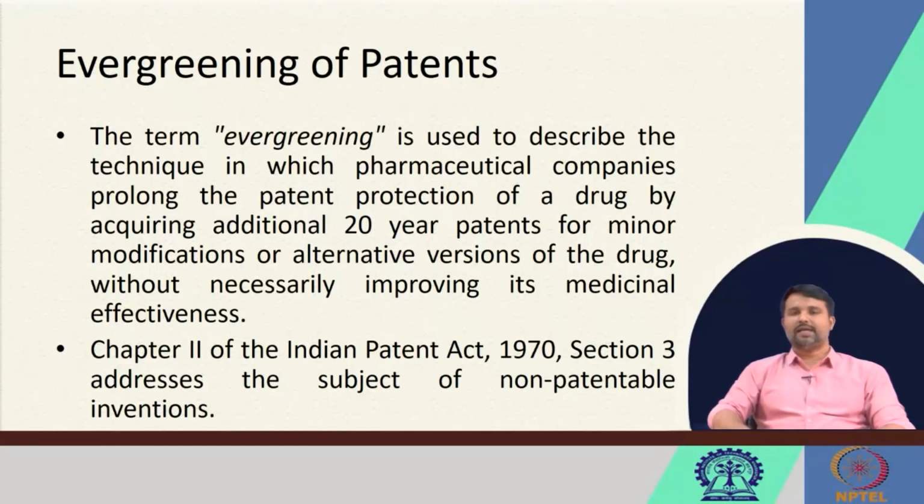Once this patent is granted, this will significantly extend the protection or monopoly that is available to the pharmaceutical company for another 20 years. But section 3, which was introduced through the amendment for complying with TRIPS, addressed this issue and made many of these things non-patentable innovations.